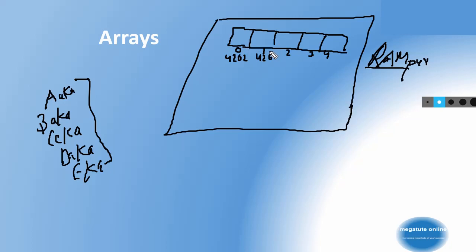Assuming it has a difference of 2 bytes, then this will be 4264, 4266, 4268, and 4270. These will be the addresses. So don't worry about all these details. I'm just explaining so that it goes into your head clearly.